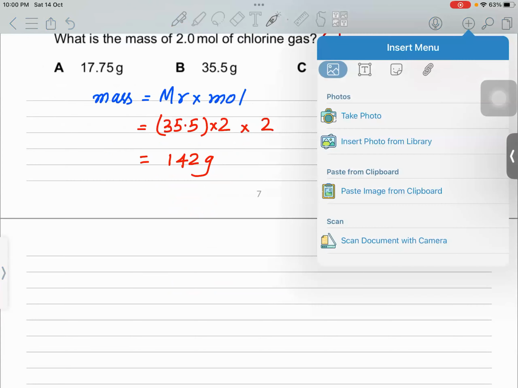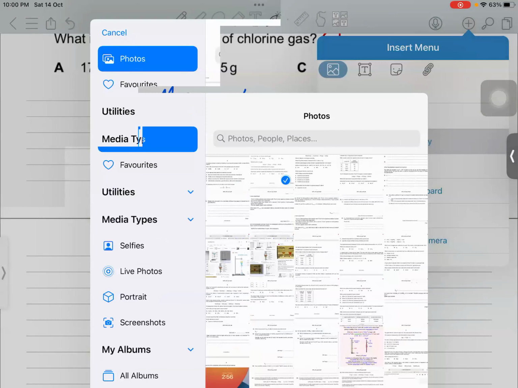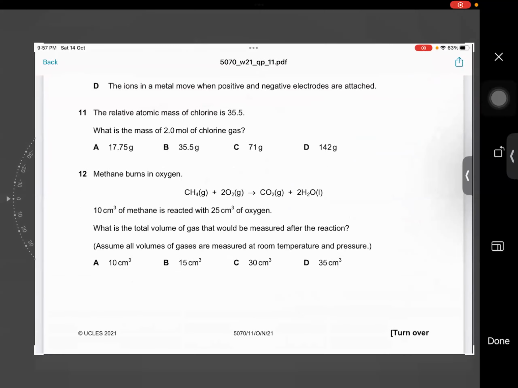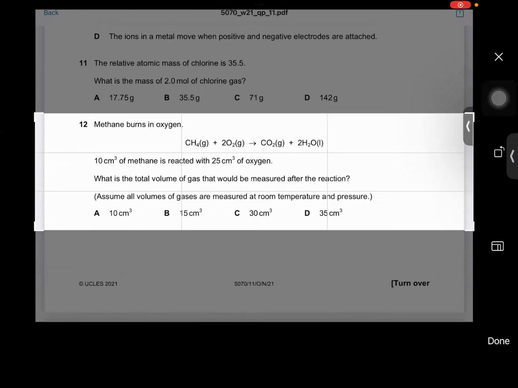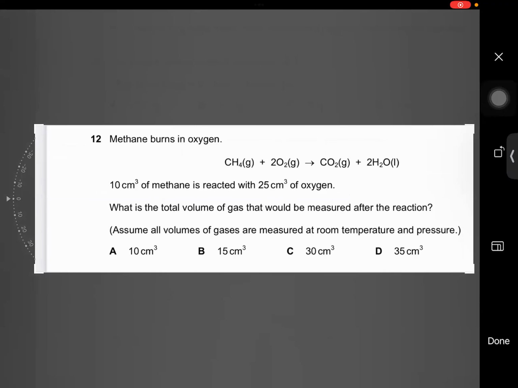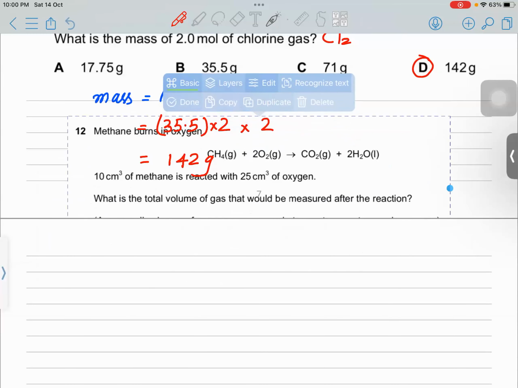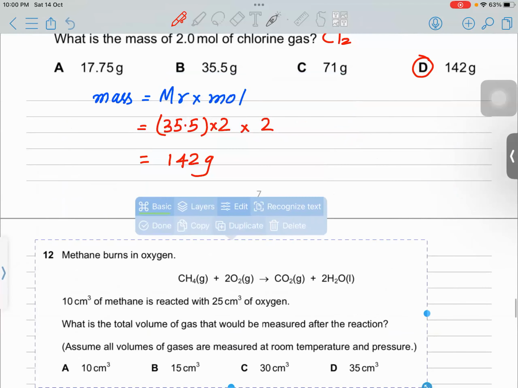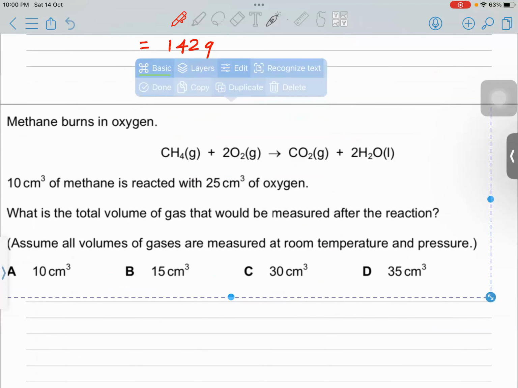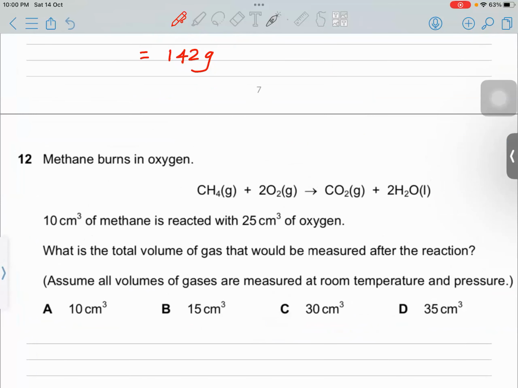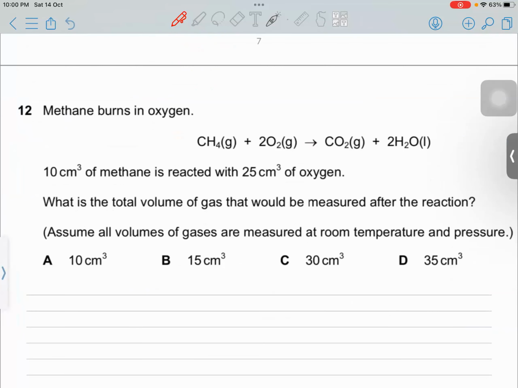Now question number 12. Now 10 cm cube of methane is reacted with 25 cm cube of oxygen.